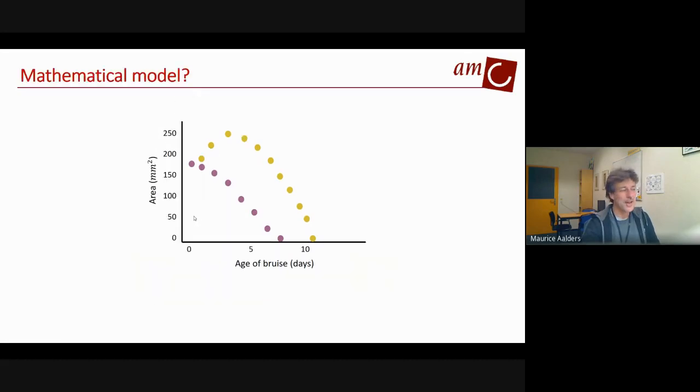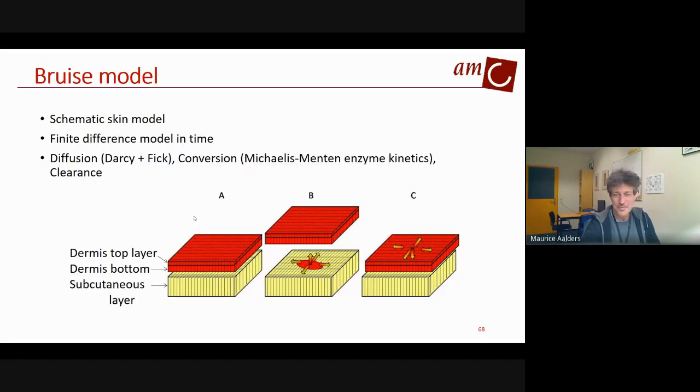So we were thinking, if we now develop a mathematical model, and we physicists do it like this, there's a layer that we cannot see, the subcutaneous layer. There's a bottom layer here in the dermis that we do not see, and there's a top layer in the dermis that we do see. So if we just put a blood pool down there, and we have a conversion, Michaelis-Menten enzyme kinetics to bilirubin.